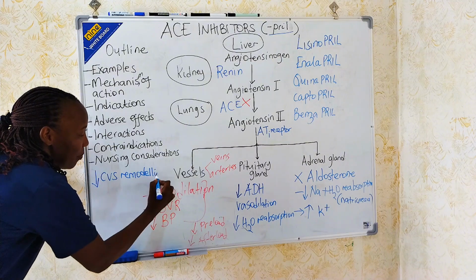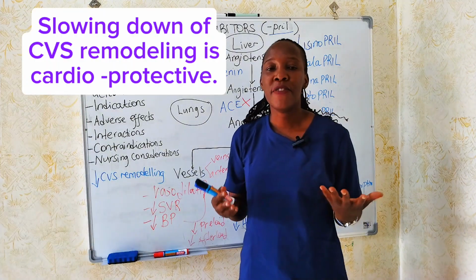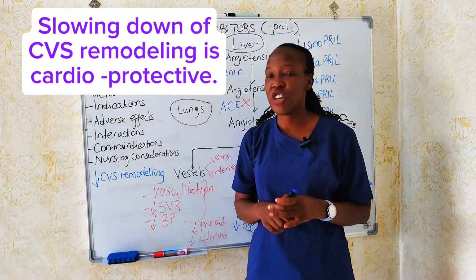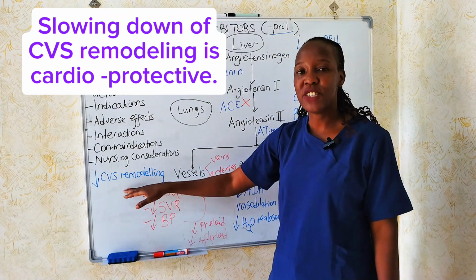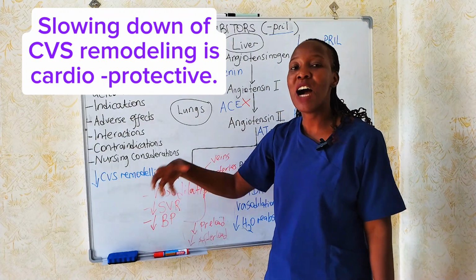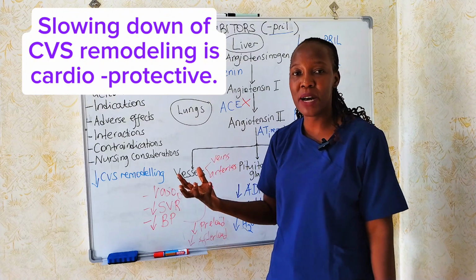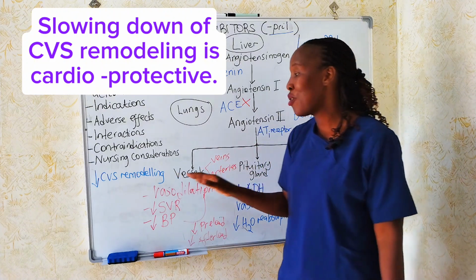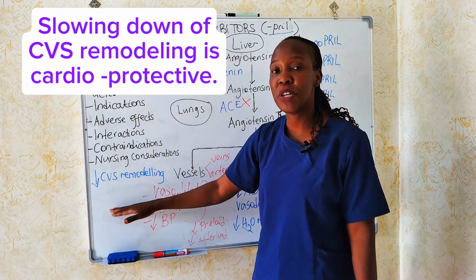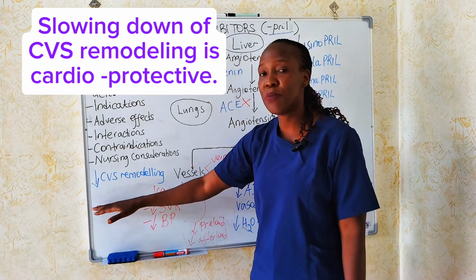CVS remodeling refers to those structural changes that we see happening within the vessels and in the heart chambers as they accommodate the increased demands, the increased load that has been subjected to them. Those changes are detrimental to the heart and to the vessels.